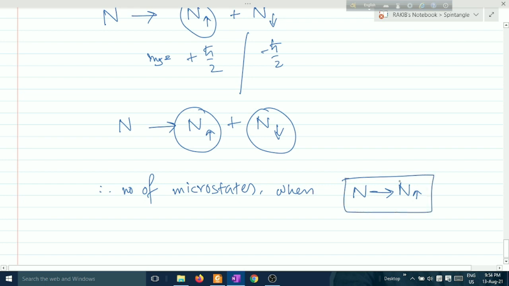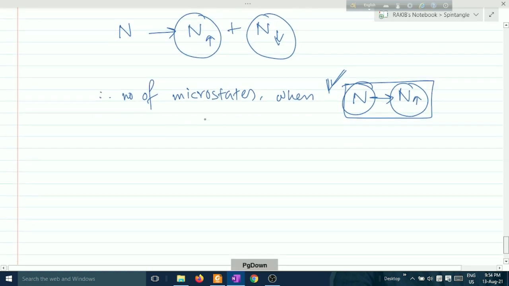We have seen in the probability lecture that if you have to choose N up particles from N particles, this choosing will be done by the NCR method.